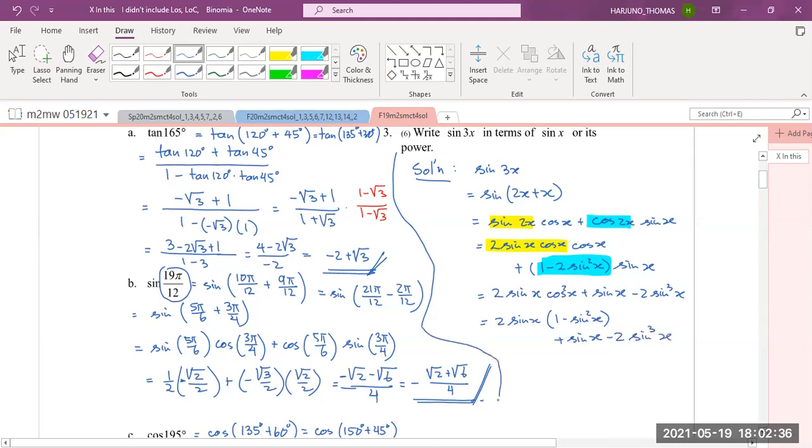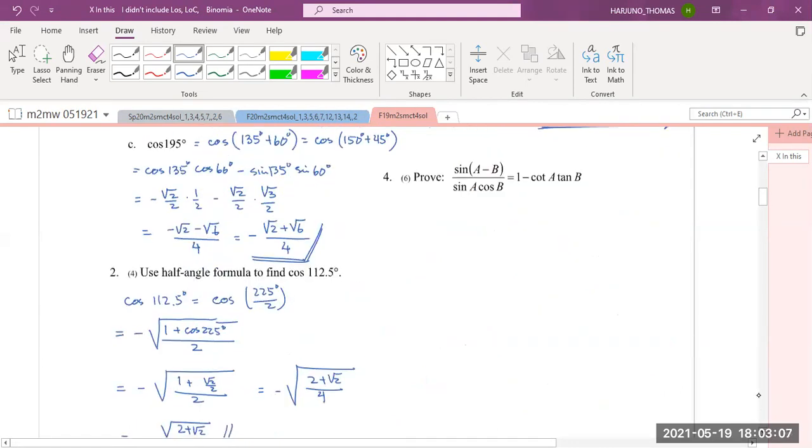That will be 2 sine x minus 2 sine cube x plus sine x minus 2 sine cube x. That is 3 sine x minus 4 sine cube x. Okay, that's for number 3.